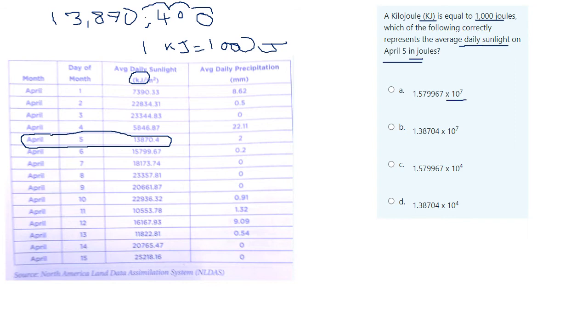Scientific notation always means that there is one number before the decimal point. So now we need to go 1, 2, 3, 4, 5, 6, 7. So we have an answer that is 1.38704 times 10 to the power 7. So the correct answer is B.